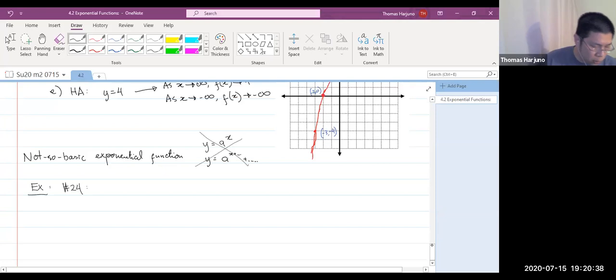Number 24. Implicitly, by going over this problem, I also show you the technique on using all the material that we learned before. f(x) equals 2 to the power of negative absolute x.